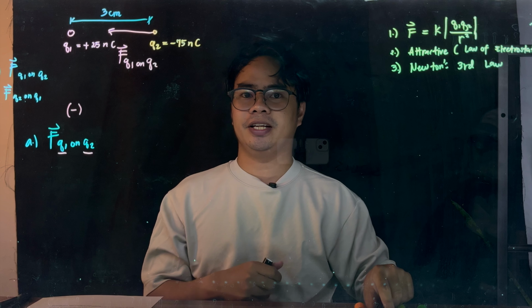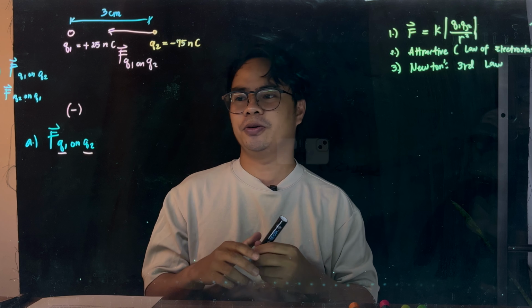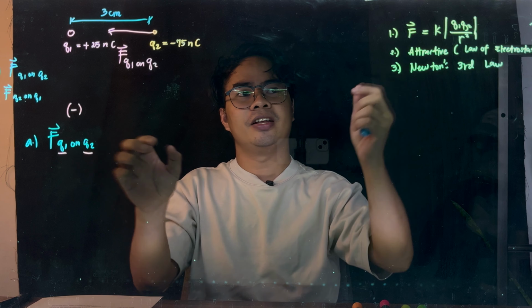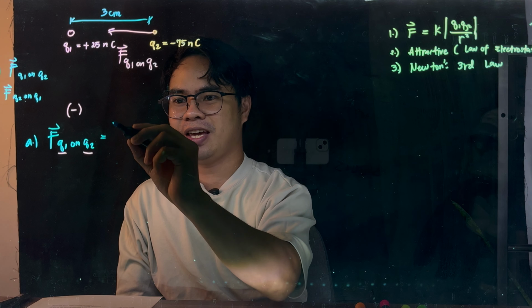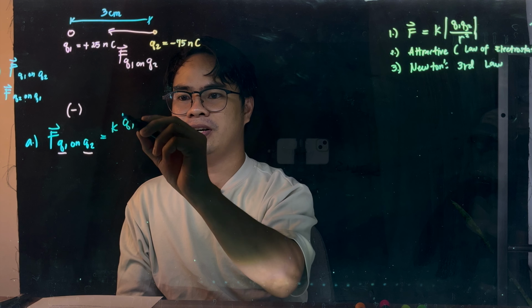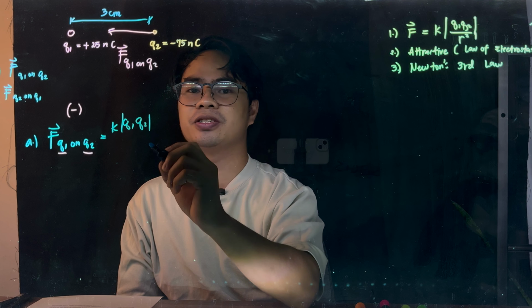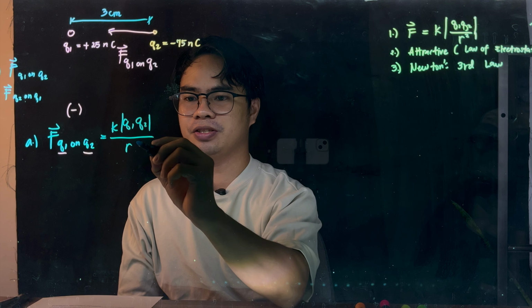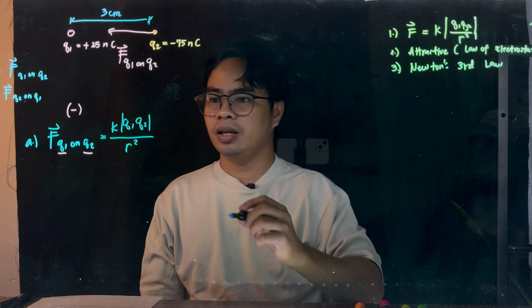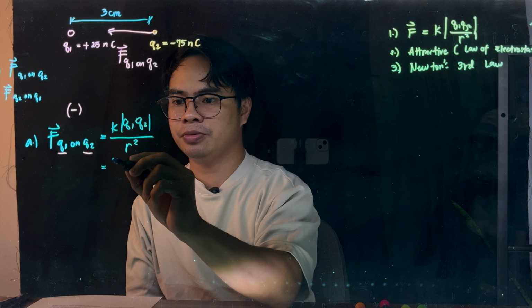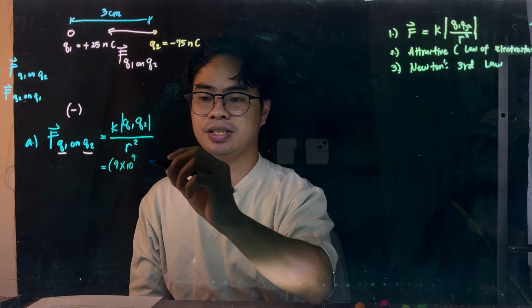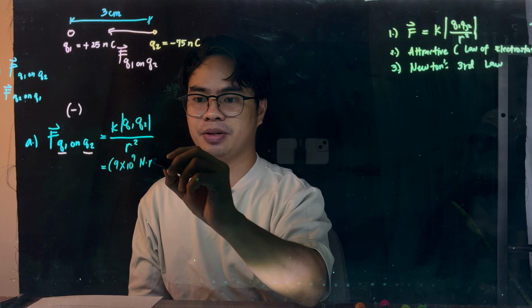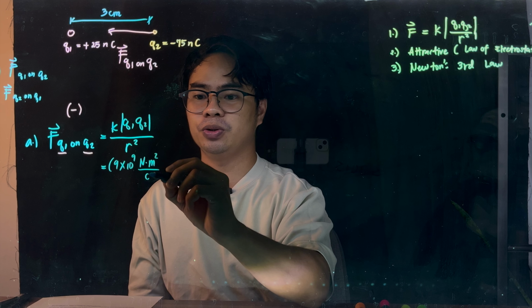From here on, it's quite simple to follow because we simply have to employ Coulomb's law. So this will be just k, and then the first charge, the second charge, all over the separation distance squared. Simply substitute the values. Coulomb's constant is 9 times 10 to the 9, and the units are newton meter squared per coulomb squared.